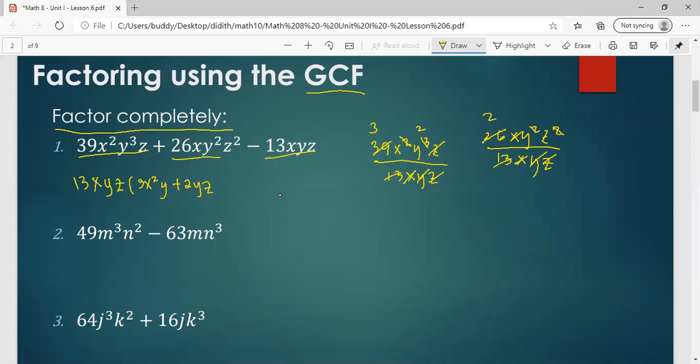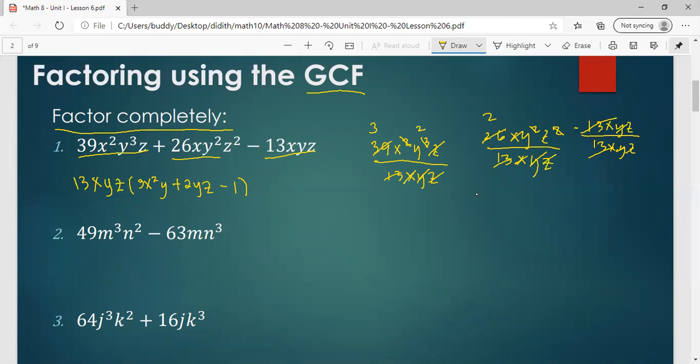And then lastly, negative 13xyz divided by 13xyz. So this is negative 1, because everything will be cancelled when you divide 13xyz by 13xyz. Take note that this is negative. We have to carry on the sign of the last term, and everything is cancelled here.